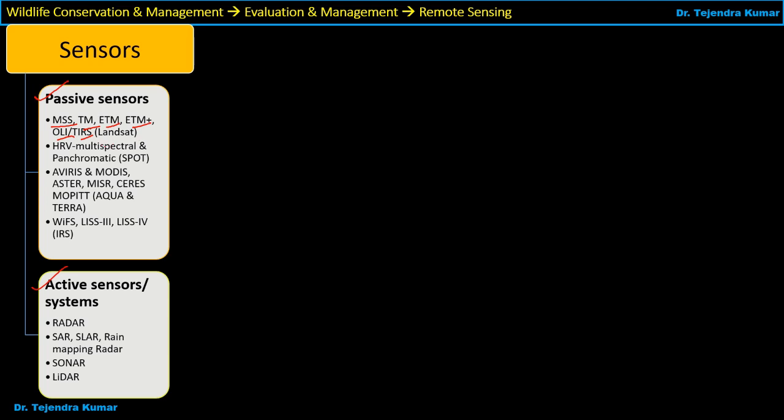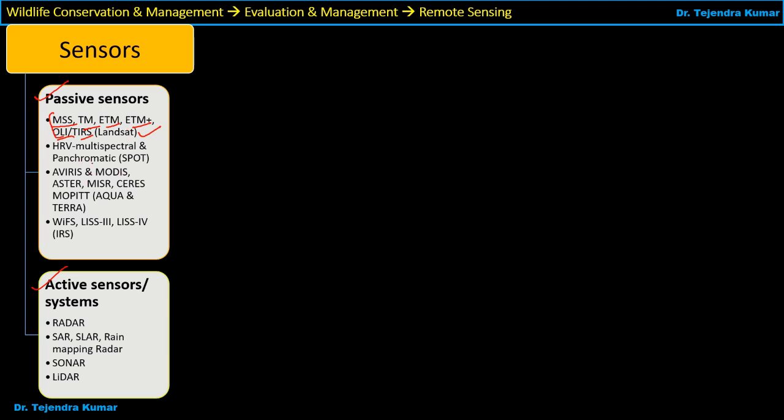These sensors, like MSS, TM, ETM plus, and TIRS, are used in the Landsat remote sensing satellites. Landsat is the satellite, and MSS, TM, ETM are the sensors.